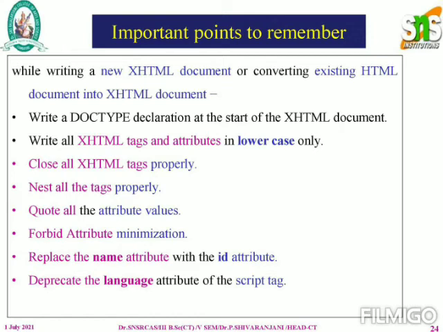Nest all the tags properly. Quote all the attribute values. Forbid attribute minimization. Replace the name attributes with the id attributes. Deprecate the language attributes of scripting languages. These are some of the important points to be remembered when you are creating a new HTML document or converting your existing HTML document into an XML document.